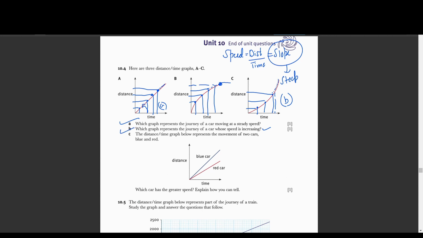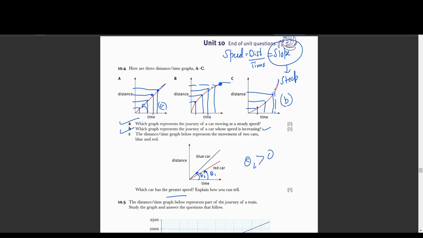Fine. Part C says the distance time graph below represents the movement of two cars, blue and red. Which car has the greater speed? Explain how you can tell. Like I just said, the angle which the graph of the red car is making is this. Let's call it theta 1. And the angle made by the blue car is this, theta 2.